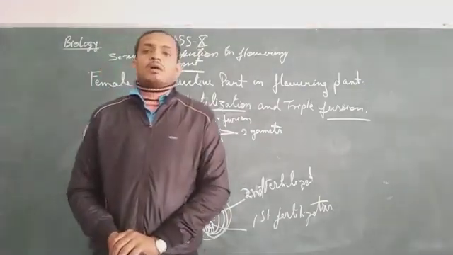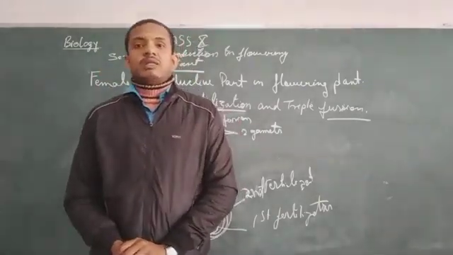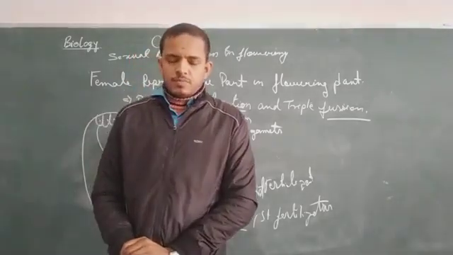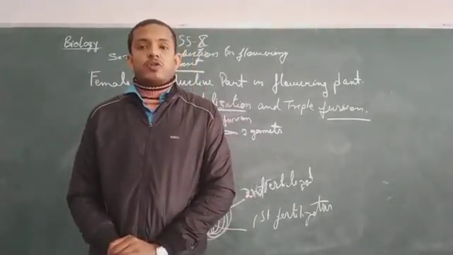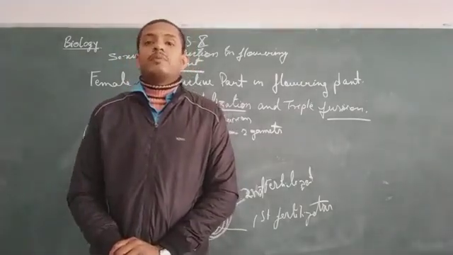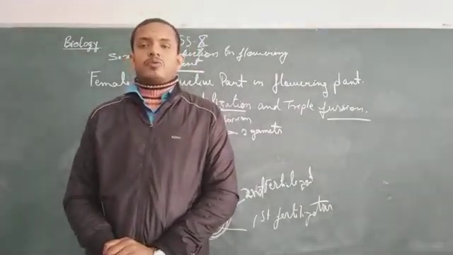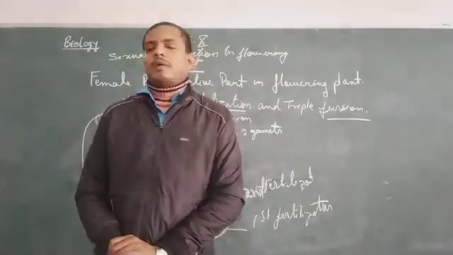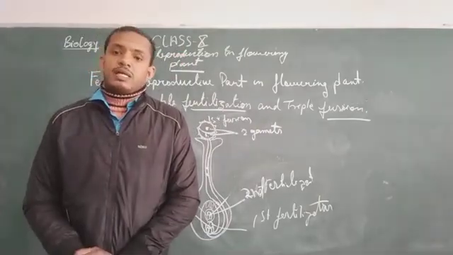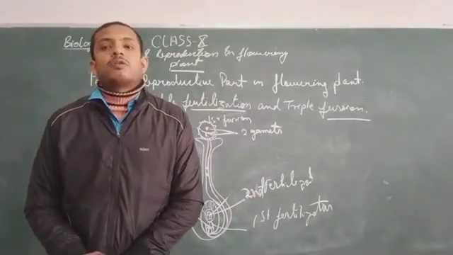Second thing, successful fertilization and the receptive conditions are maintained only when both the male and female gametes are mature. Both need to be mature. If the male matures first and the female does not, then in the same flower reproduction will not take place.